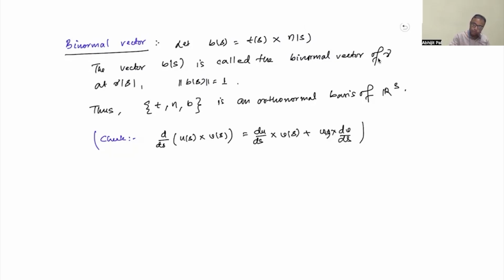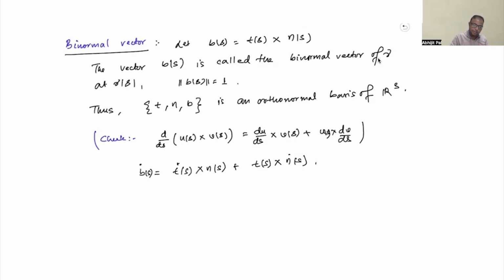Okay, so this you can do as an exercise. And now if I take the derivative of this B, so B dot(s) is equal to T dot(s) cross product with the normal vector plus the tangent vector vector product with N dot(s).